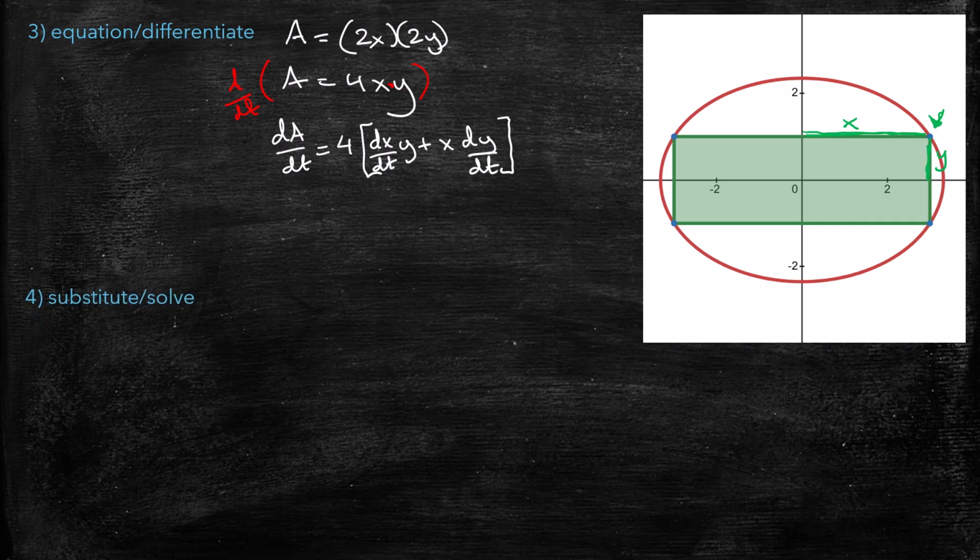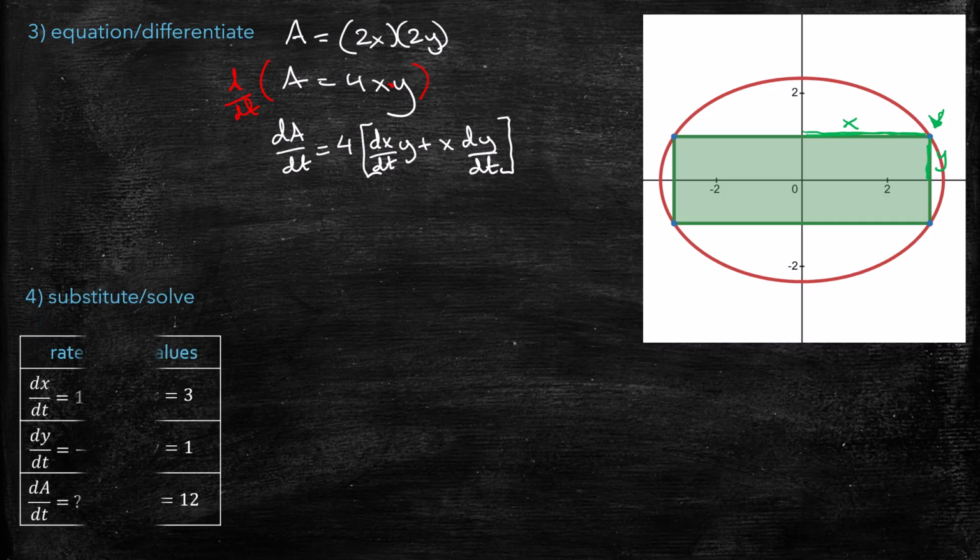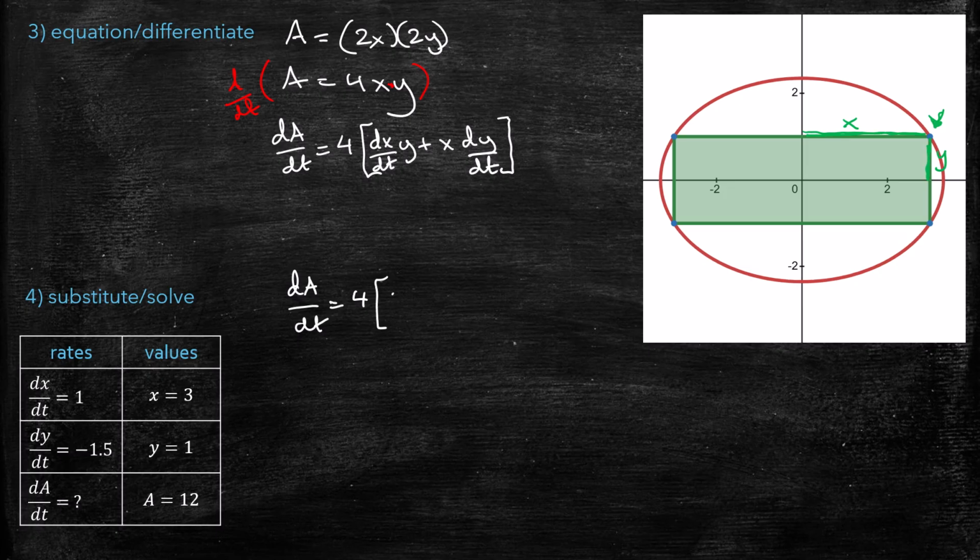And the next step is to substitute and solve. So it would be useful to call up the table of values that we got before, and we get dA/dt equals 4 times 1, that's dx/dt, and the snapshot value of y is 1, plus the snapshot value of x is 3, and dy/dt we figured out was negative 1.5.